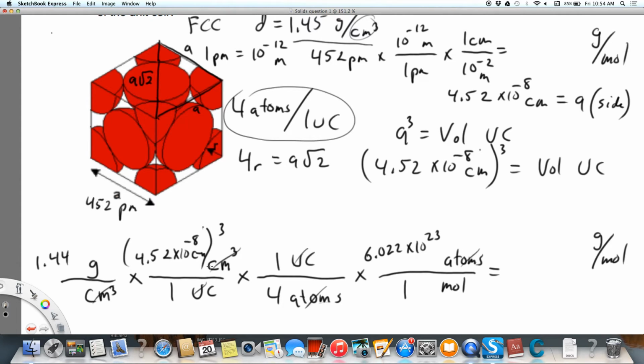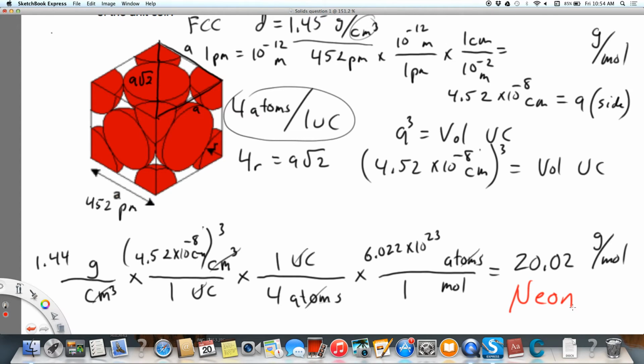That's going to give me centimeters cubed. Okay, so when we work this all out, we get an answer of 20.02 grams per mole.